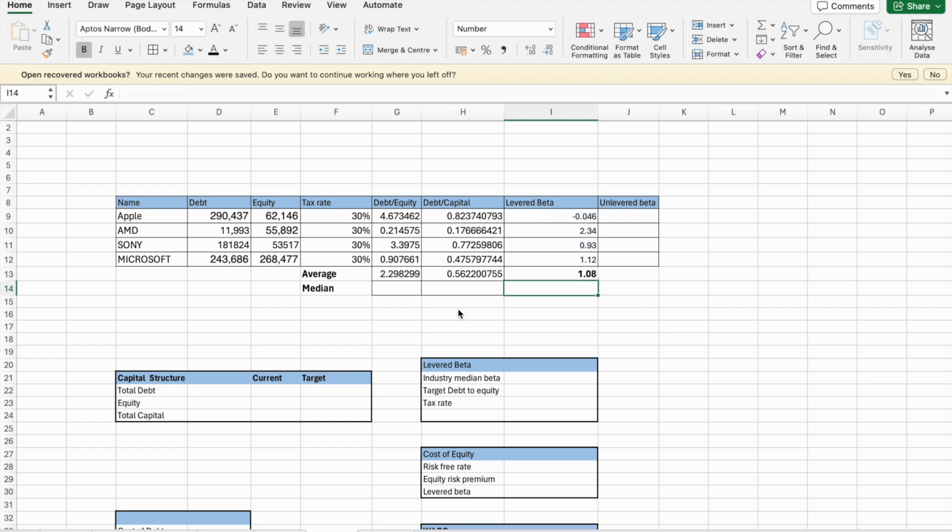Whichever company we take, AMD, Apple, Sony, anything, this would be our target debt to equity ratio, debt to capital, and then the median for this.